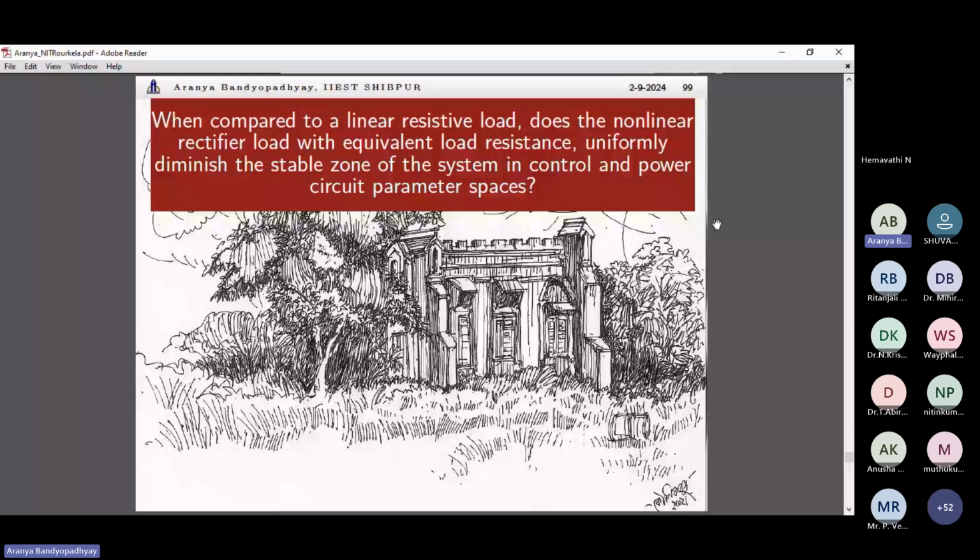It will always aggravate the stability status. It will always diminish the stable zone in parameter space. We always tend to see it in a negative sense, but we must free ourselves from any kind of judgment. That is the most important lesson that we are going to learn as a scientist. If we want to become a scientist or engineer, we must rid ourselves of these preconceived notions and any judgmental notion.